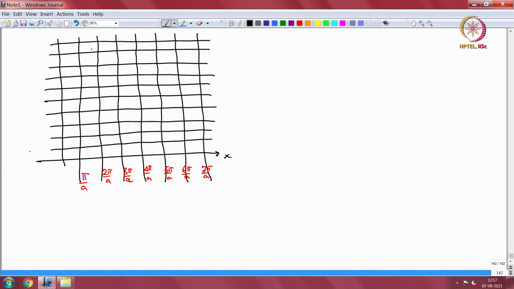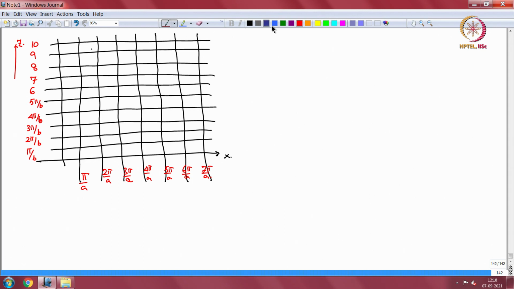This is π/b here, 2π/b, 3π/b, 4π/b, 5π/b, 6, 7, 8, 9, etc. This is in the z direction.